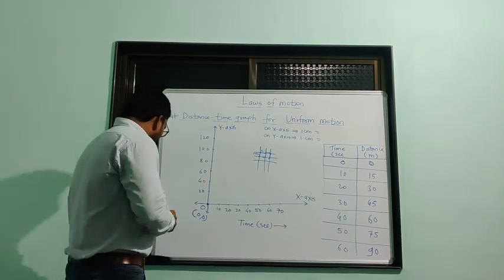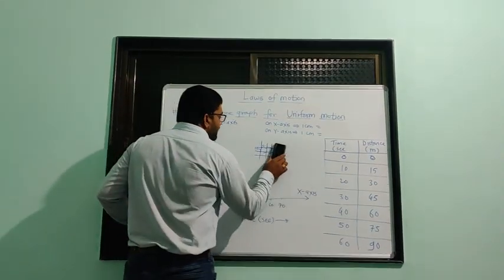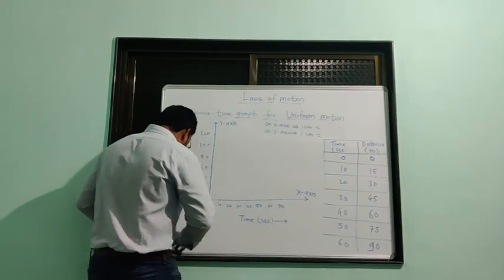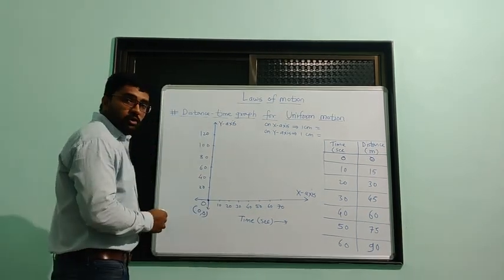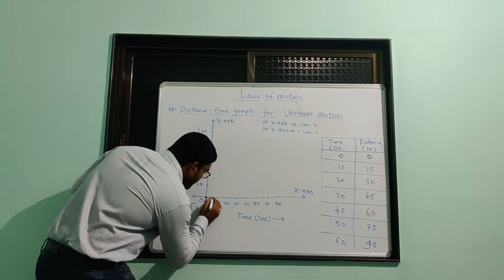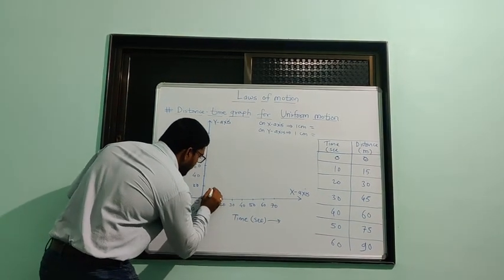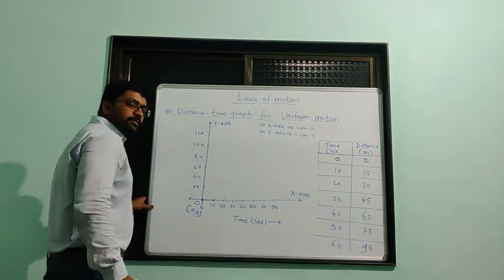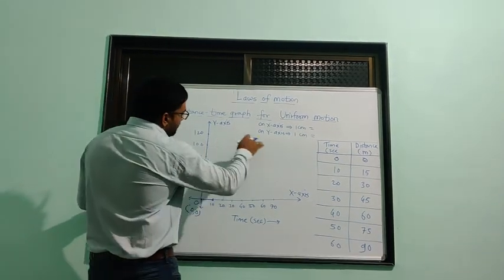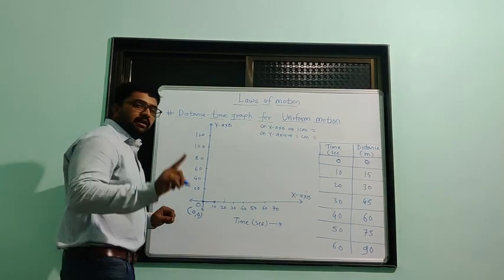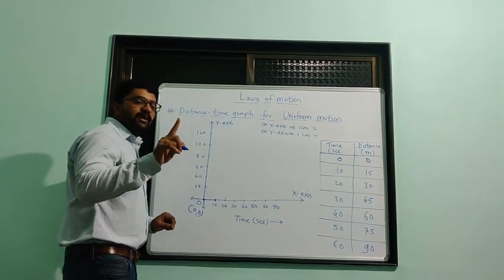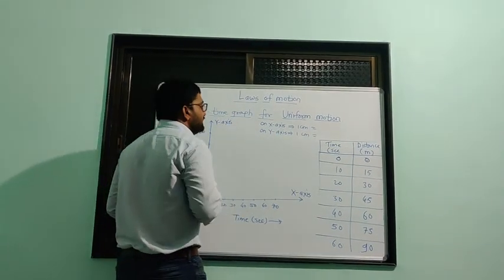So on graph paper you observe such 1 centimeter by 1 centimeter squares. This is nothing but the 1 centimeter. This is one square, this is another square. Such squares are present on this graph, and the breadth and height of each square is how much? 1 centimeter.